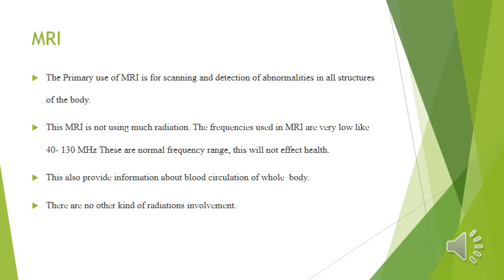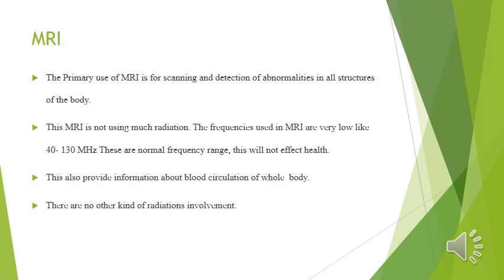The main use of MRI is for scanning and detection purposes, for the detection of abnormalities in all parts of the body. This technology uses very little radiation, and the frequency is about 40 to 130 hertz.